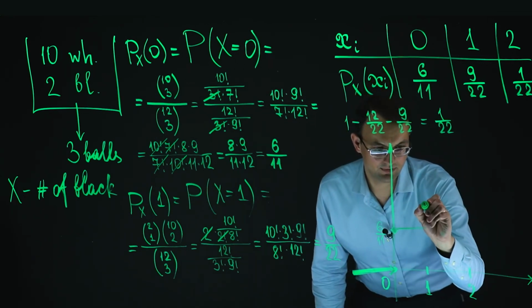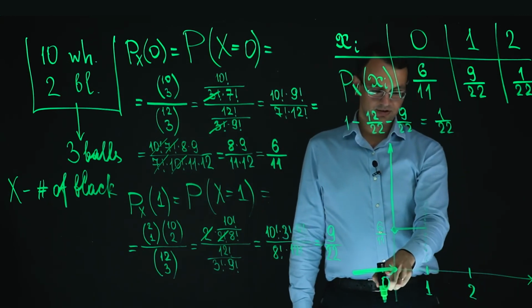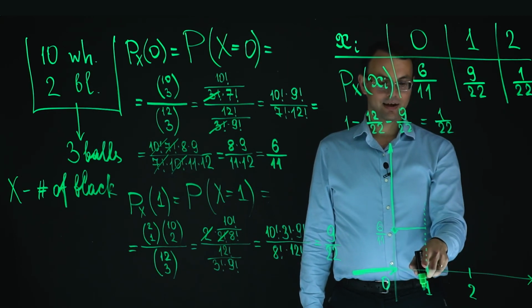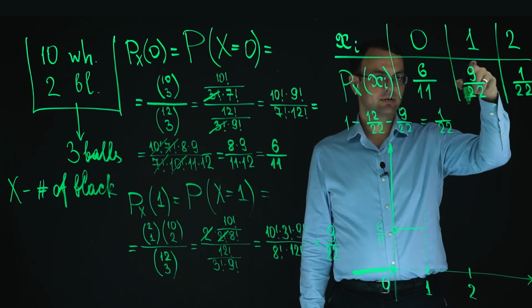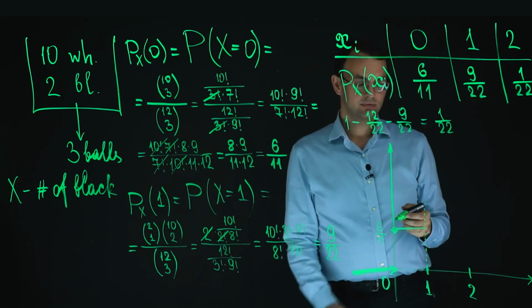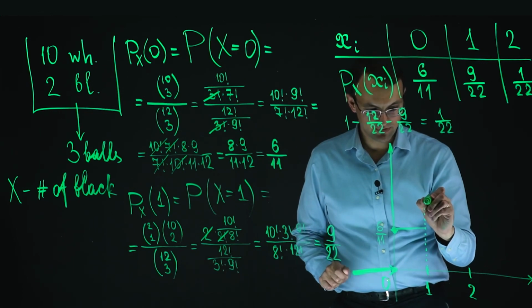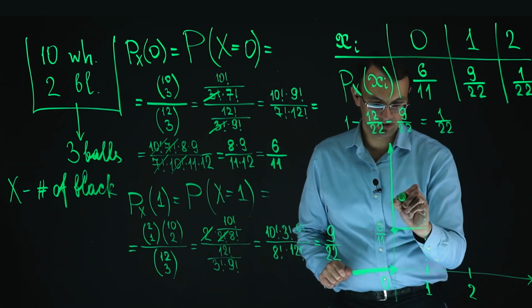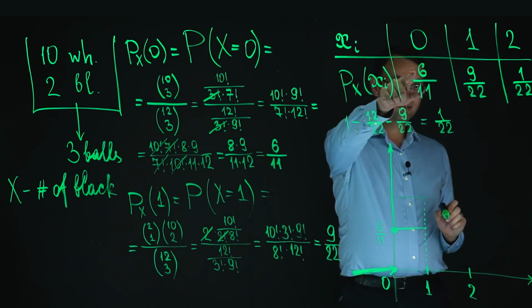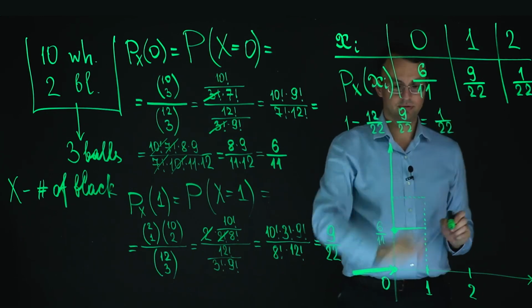And the value of the function does not change between 0 and 1. And in the next point, here at 1, I have another stair, and its height is 9 over 22. So the value of the function here is 6 over 11 plus 9 over 22.